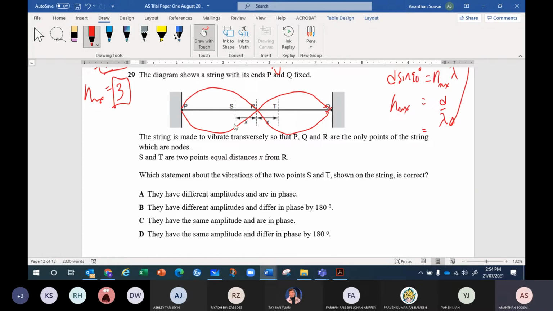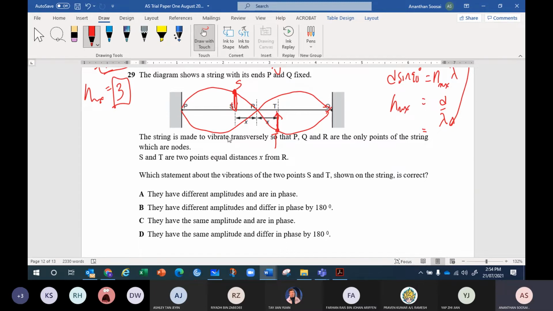So the point S, let's say on top here, the particle at T will be down here. Because they are the same distance away from the node, they will always travel in opposite directions. So they have a phase difference of 180. And they will have the same amplitude, because they are separated from the node by the same distance.